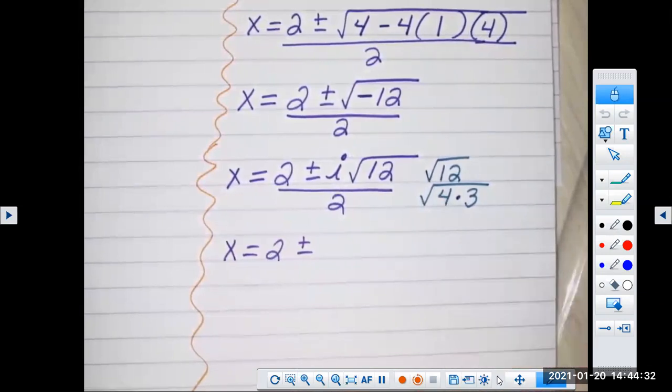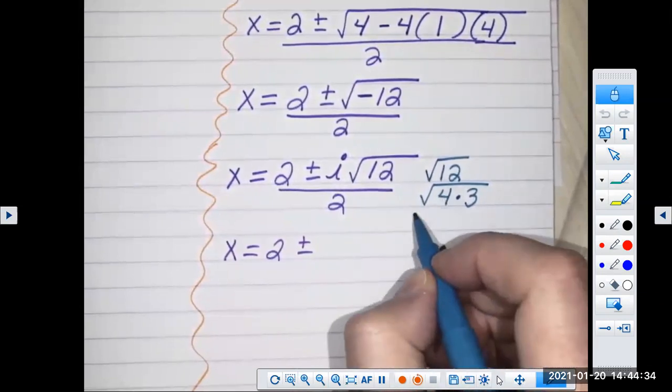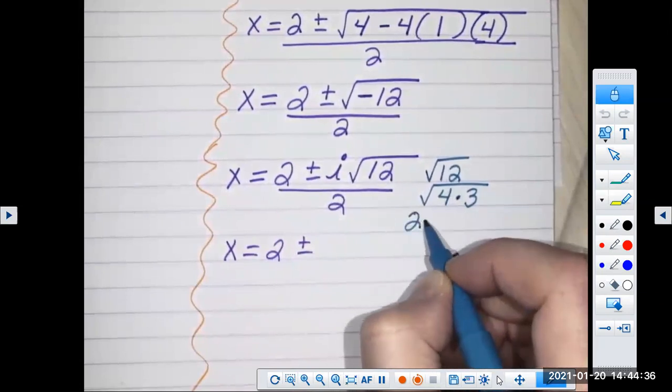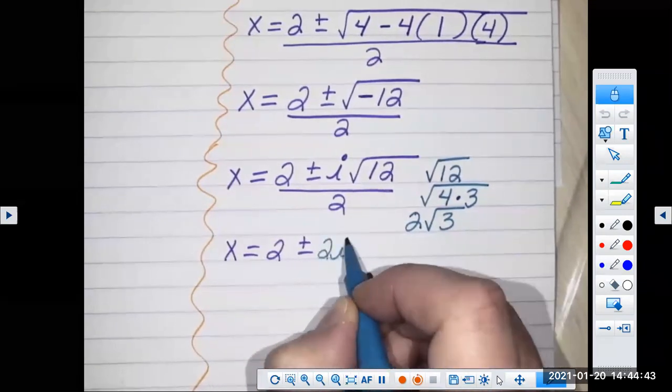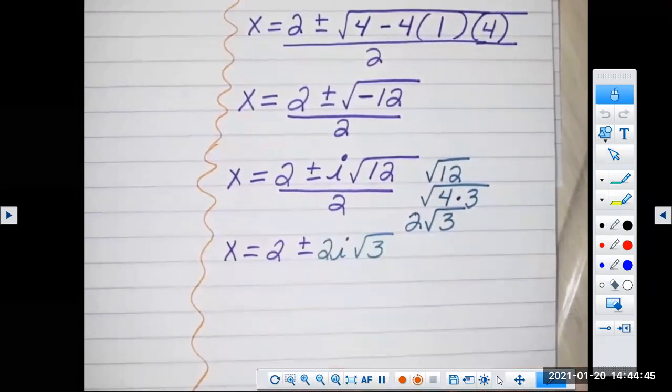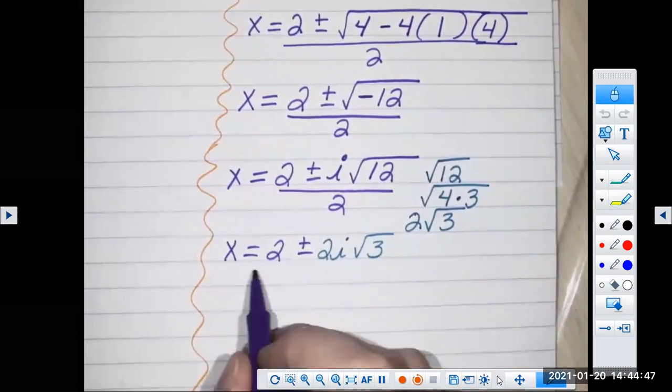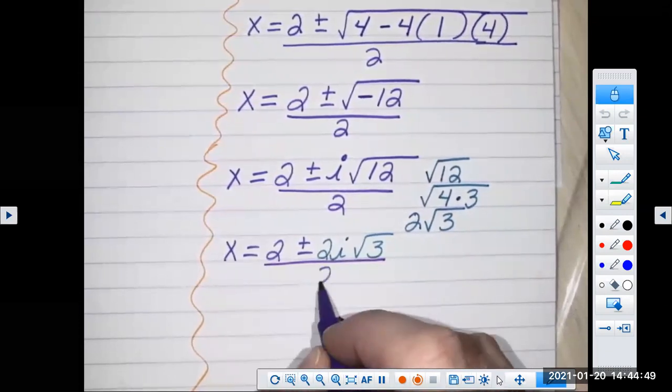So this will turn into, you take the square root of 4, but you leave √3. So that turns into 2√3. 2 comes out front with i, you're left with √3. And that's all over 2.